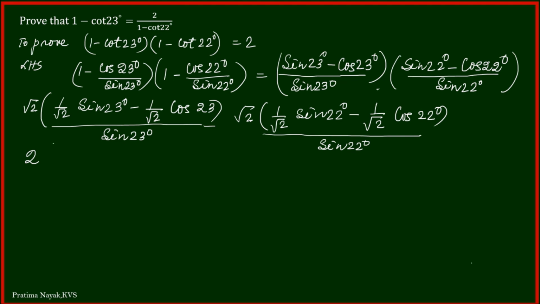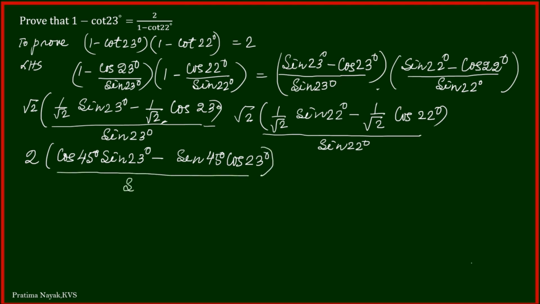Now this 1 by root 2 I'll write as cos 45°. So cos 45° sin 23° minus, and this 1 by root 2 I'll write as sin 45° cos 23°, over sin 23°. Similar procedure for the second one, 1 by root 2 as cos 45° sin 22°.